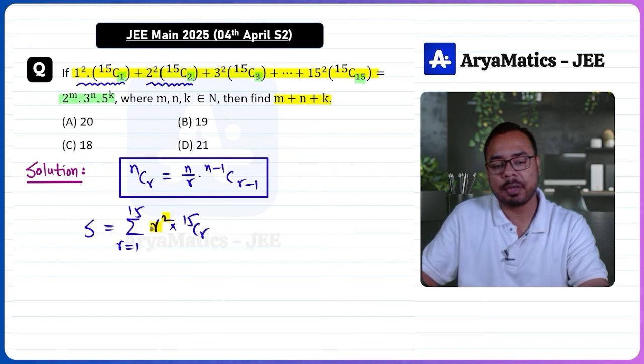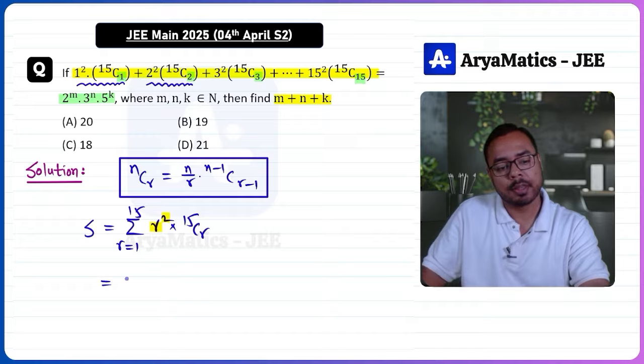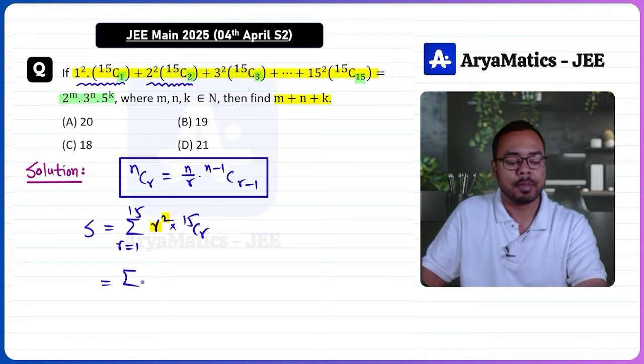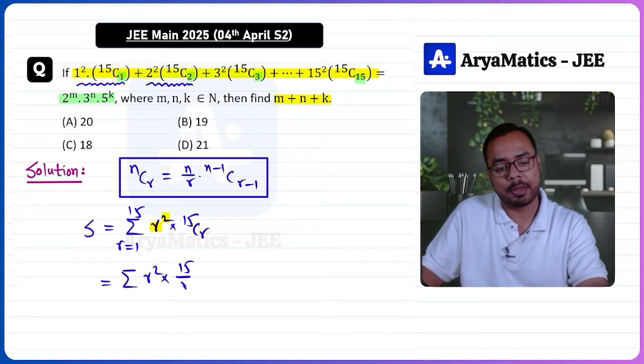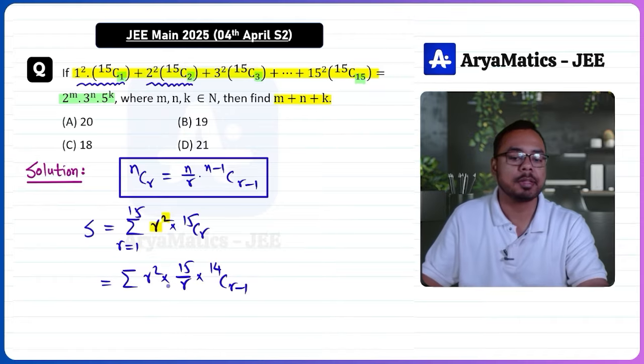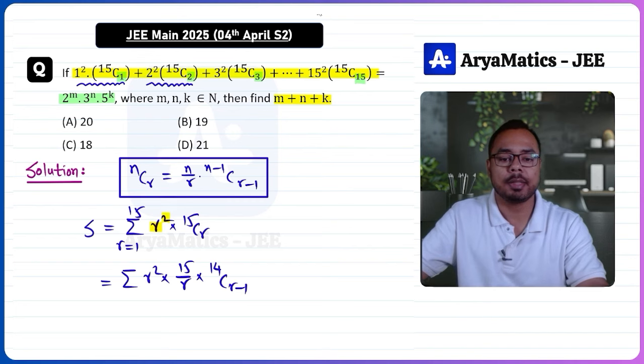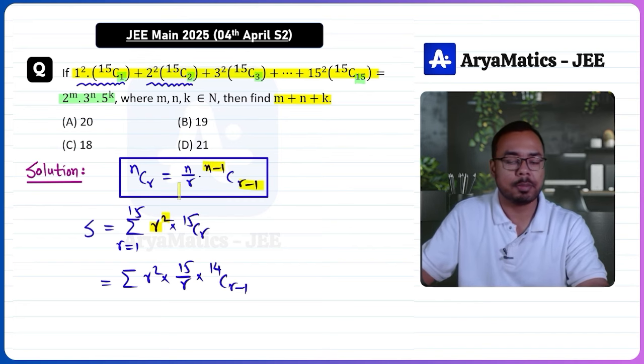So that formula we can use. But for that, first we need to remove this r square from here. And for removing r square, we are going to use this result, nCr is n by r into n minus 1 C r minus 1. That means you can write this sum as r square and this multiplied by 15Cr, so that is 15 by r, and this multiplied by 14C r minus 1, right? n by r, and then just decrease both of these by 1.